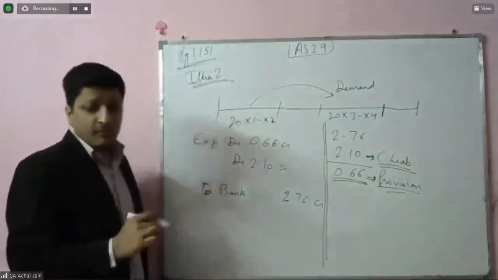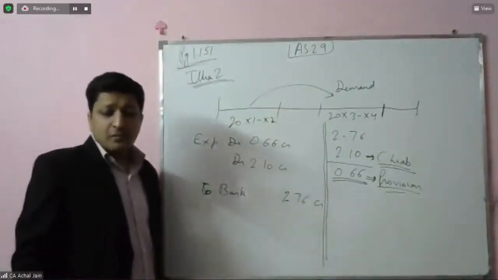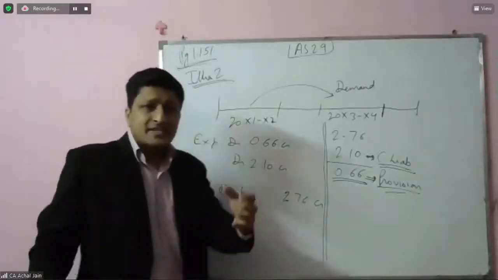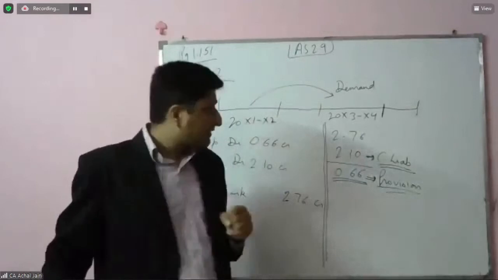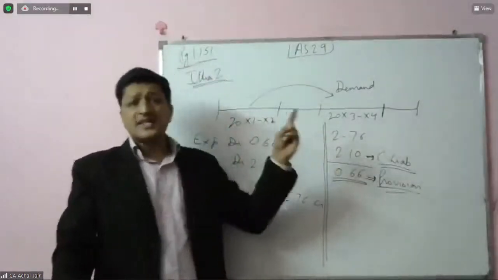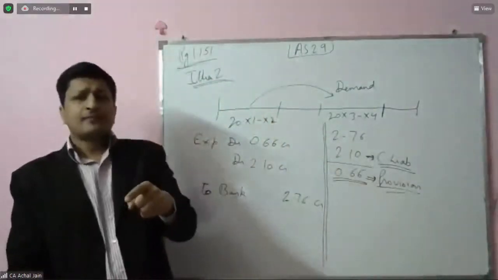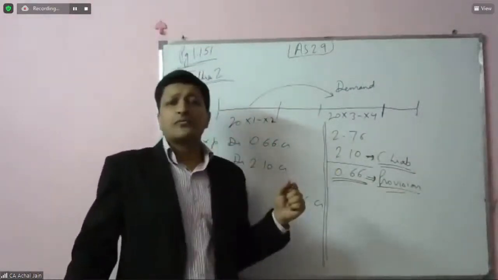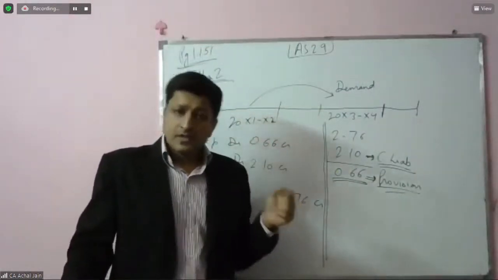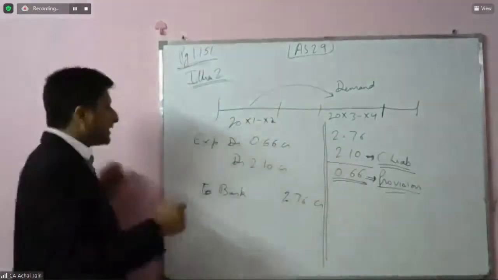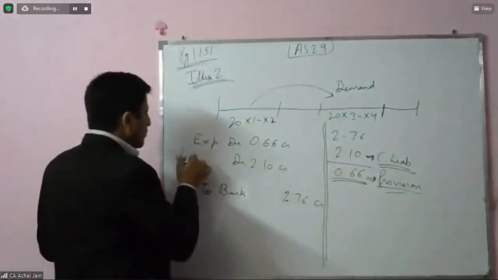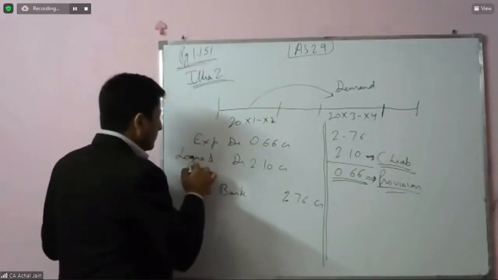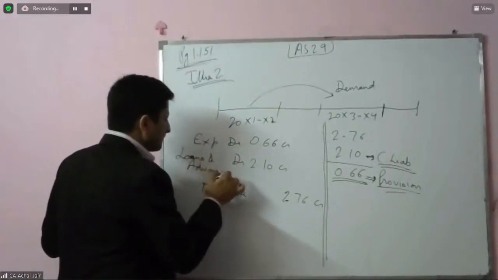Another debit has to come. So where do we take this amount? This amount will be considered as receivable by the company. Why? Because even though the company has paid this amount, the company is still thinking that they will get back this amount from the department. So that's why they will keep it as an asset, grouped under loans and advances.